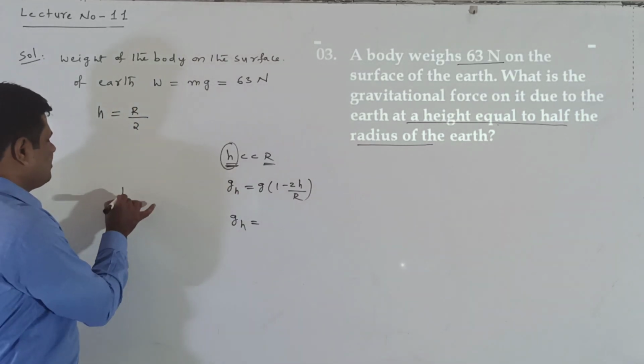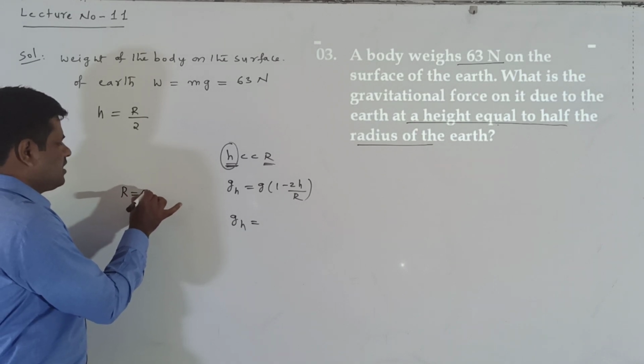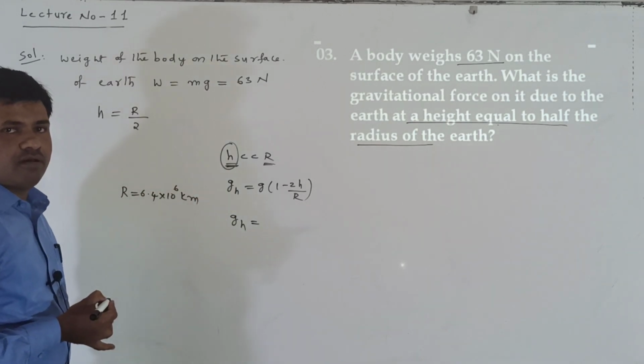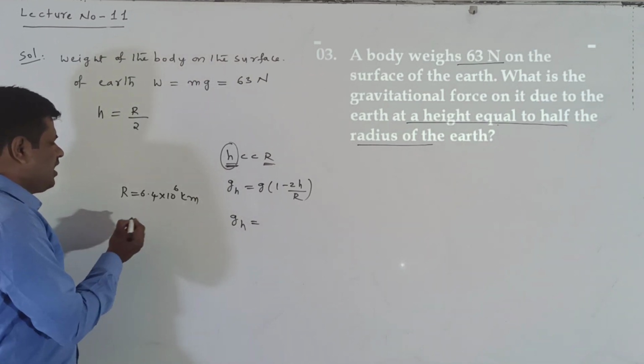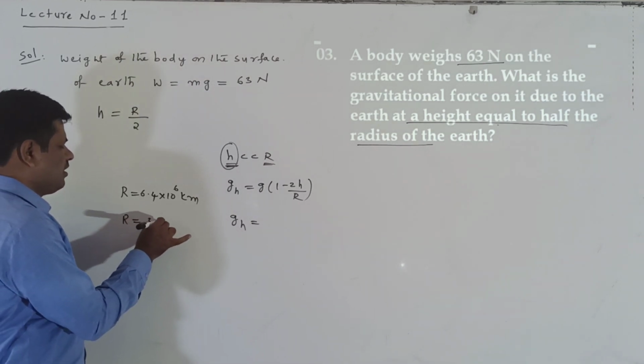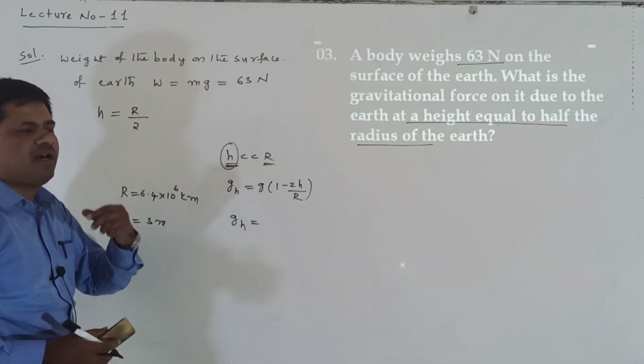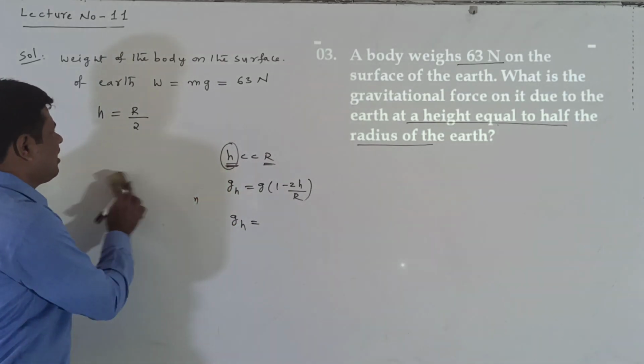Suppose here the R value is 6.4 × 10^6 meters. When the h value is very small, like 3 meters or 4 meters, we can use this formula, and there is no problem because it is very small in comparison to the radius. But here it is half of the radius.